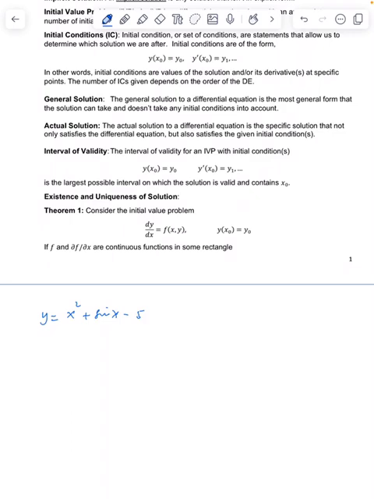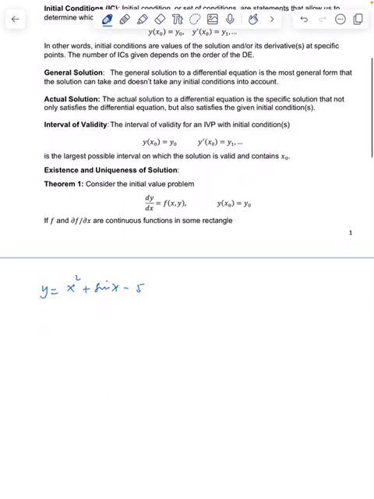An implicit solution will be when it is not explicit. So for example, this is an implicit equation. If it is a solution of a differential equation, we say it is an implicit solution.